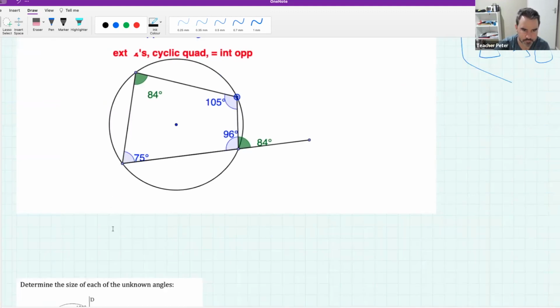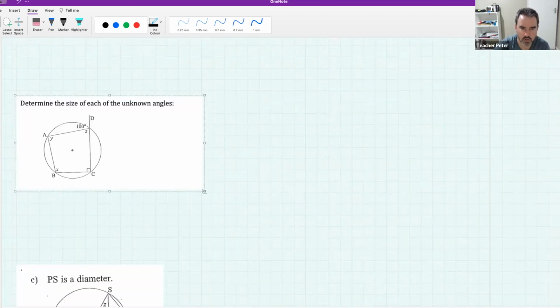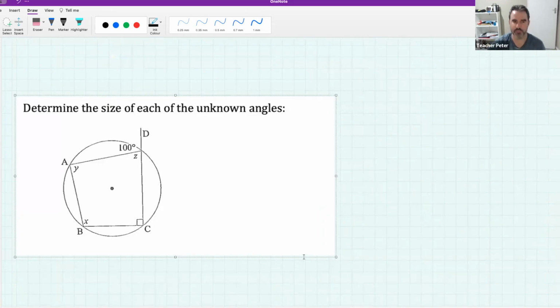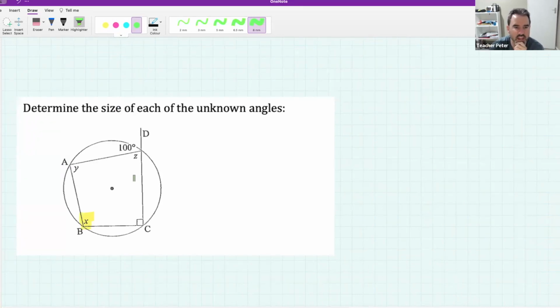So if you look at this question, I want you to find me angle X, and after finding angle X, I want you to find me angle Z, and then find me angle Y. And I want you to try and put the reasons that I mentioned so far if you can. Okay, over to you guys.